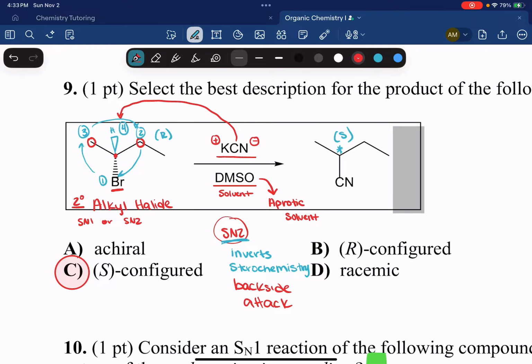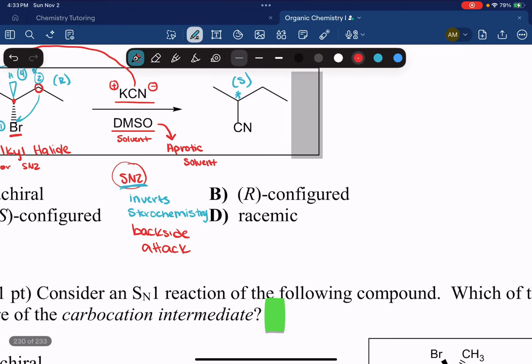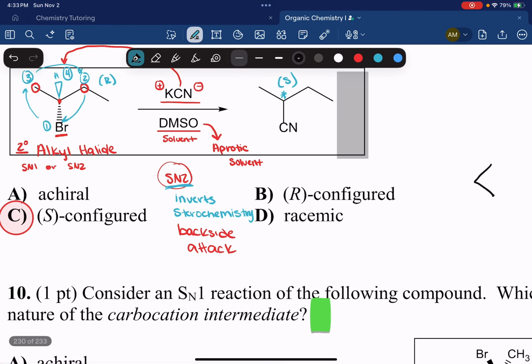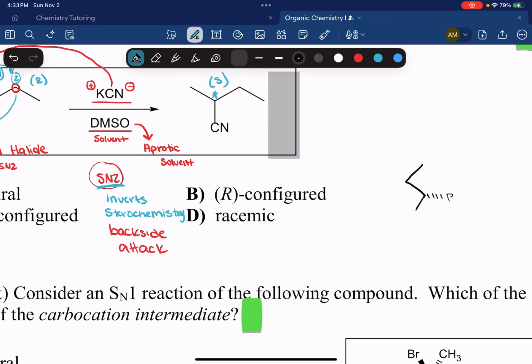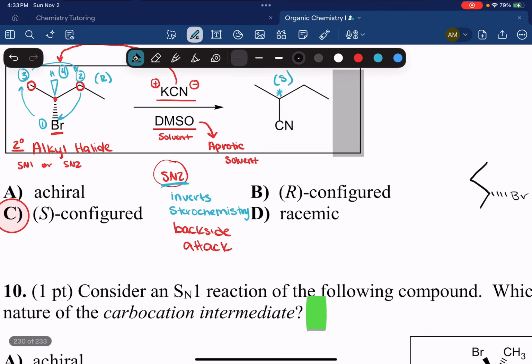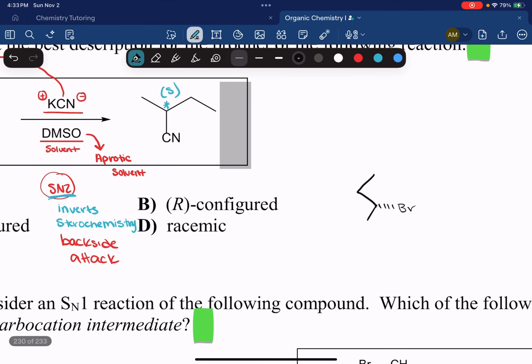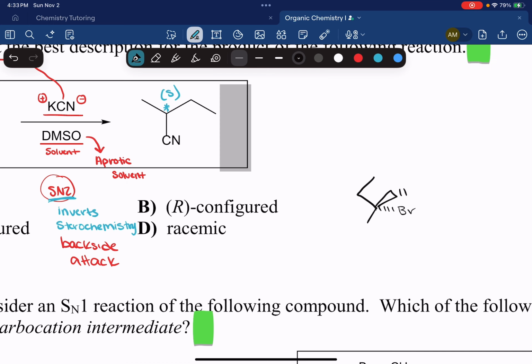So think of it if it's, I'll draw it like this. We've got 4 carbons. Here's where the bromine is. And so the hydrogen is bolded, right? The CN is going to hit it here, and that's going to pop off.